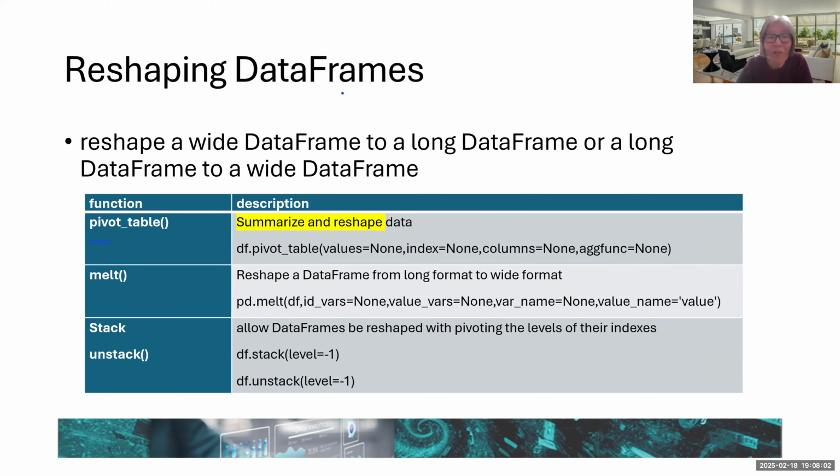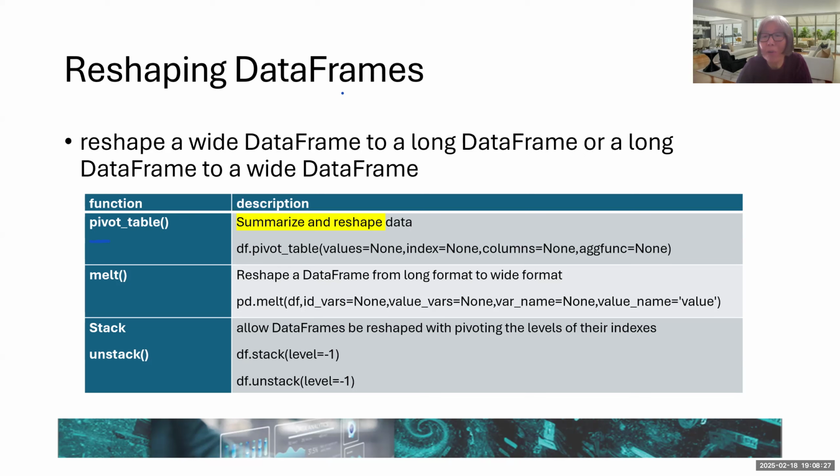So the next major topic is about data frame reshaping. You can reshape a wide data frame to a long one, or you can reshape a long one to a wide data frame. There are a couple of functions that serve different purposes.